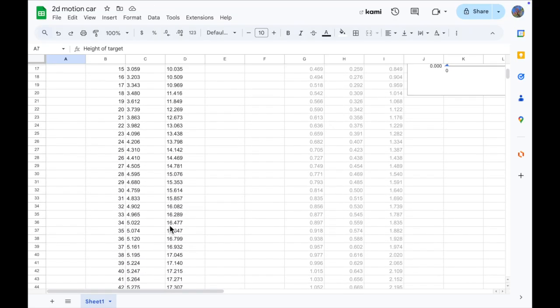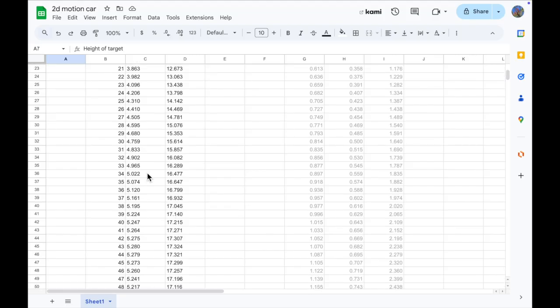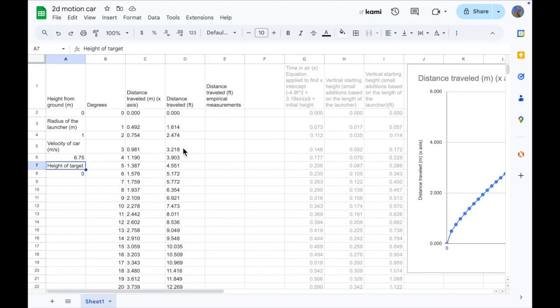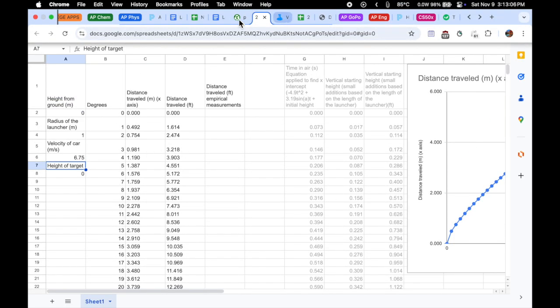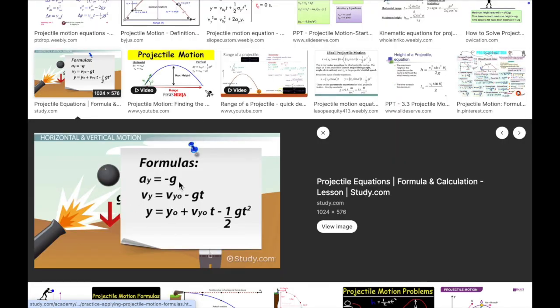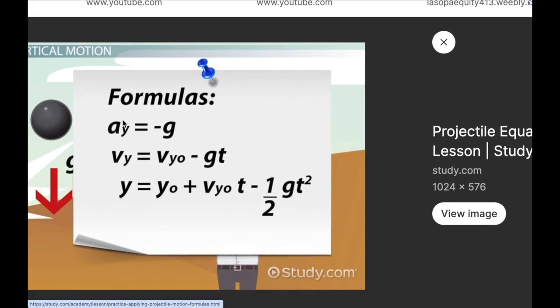But now we can get the distance traveled based on every angle. To quickly go through how that works, the equation that we'll be using is y position equals initial position plus initial velocity times time minus 1/2 gravity times time squared.